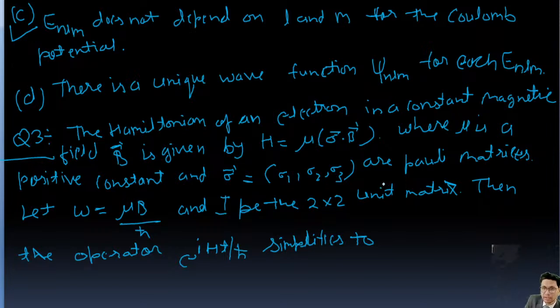We know the Pauli matrices, right? Let omega equal to mu B upon h cut and I be the 2 cross 2 unit matrix, or identity matrix. Then the operator e to the power iota Ht upon h cut simplifies to. So we need to find out the value of e to the power iota Ht upon h cut.